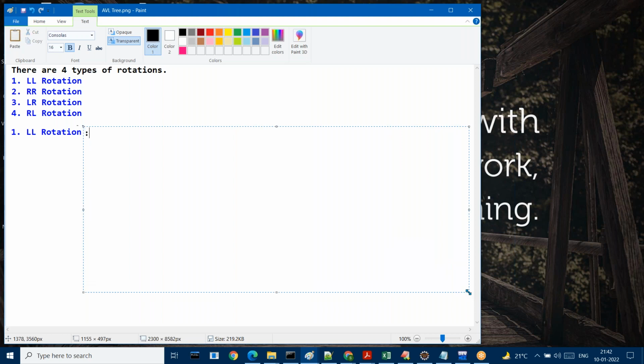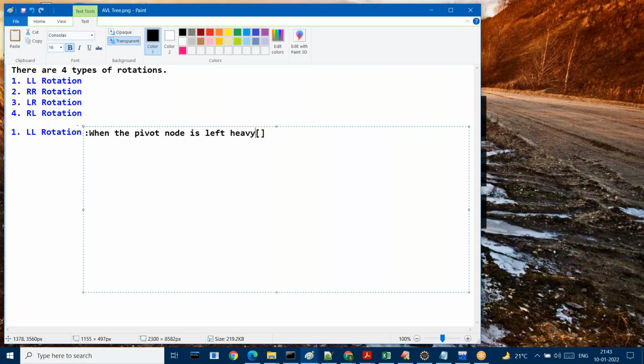Observe here. When the pivot node is left heavy. Sir, pivot node is left heavy. Pivot node definition I understood, sir. Left heavy means what, sir? Left heavy means if height of its left subtree is one more than its right subtree, that is called left heavy.